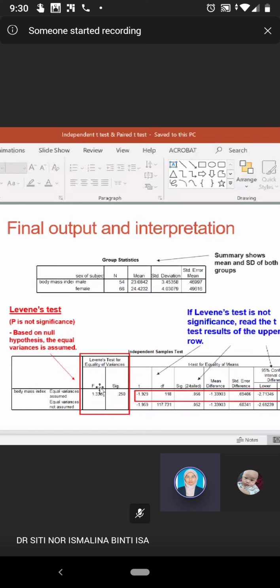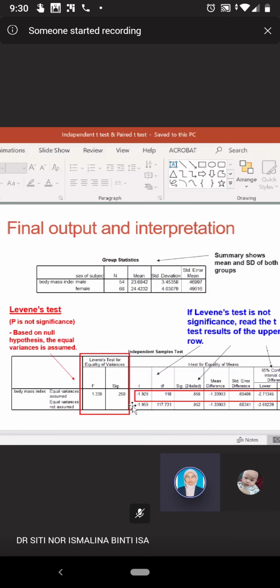Okay, kalau our p-value of Levene's test is significant, less than 0.05, maksudnya the variances are not equal. The assumption is not fulfilled, is not met.